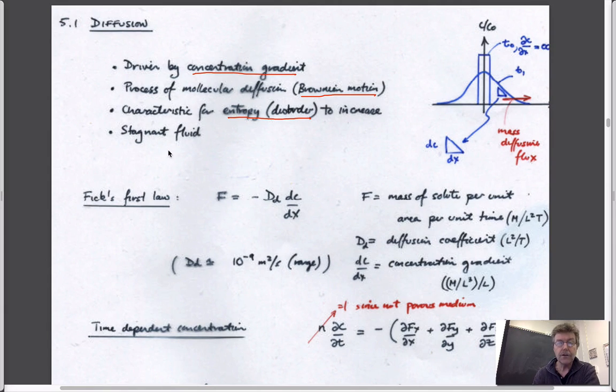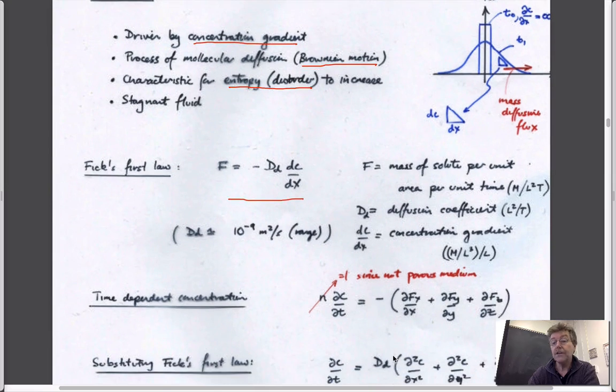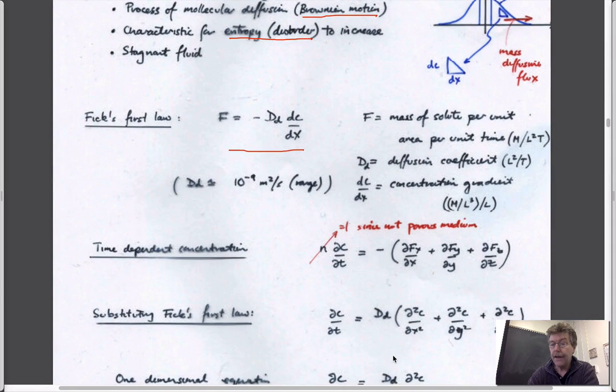We can think about it occurring in stagnant fluid. It follows Fick's law. And what we typically do is we take Fick's law and we can write it as a conservation of mass. Not now of the water that's traveling, but a conservation of mass of dissolved component in the water.